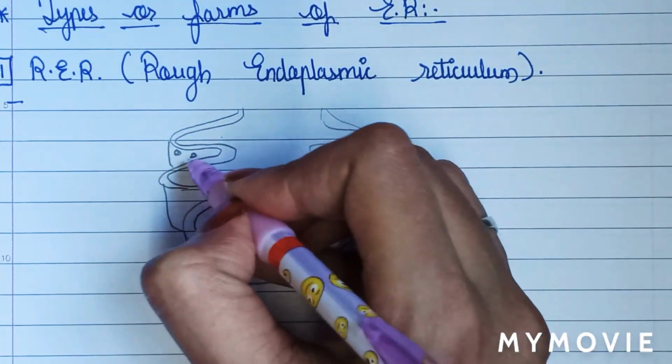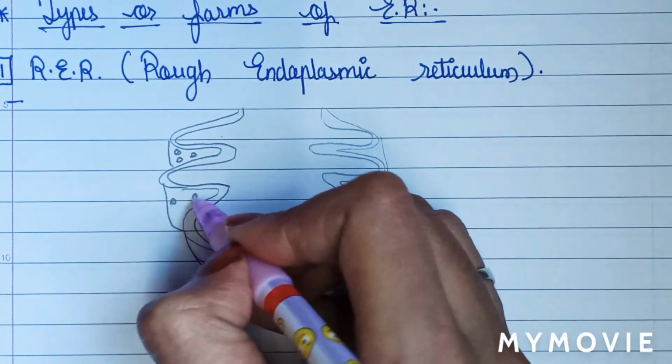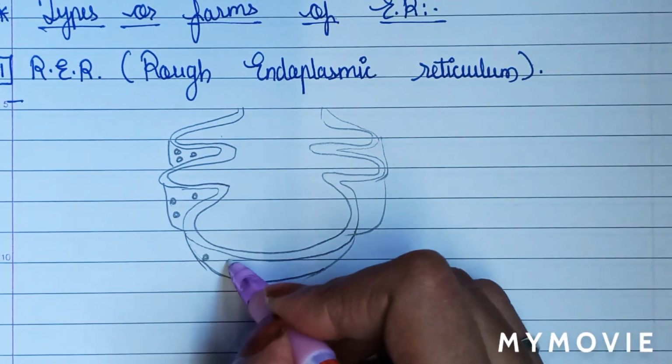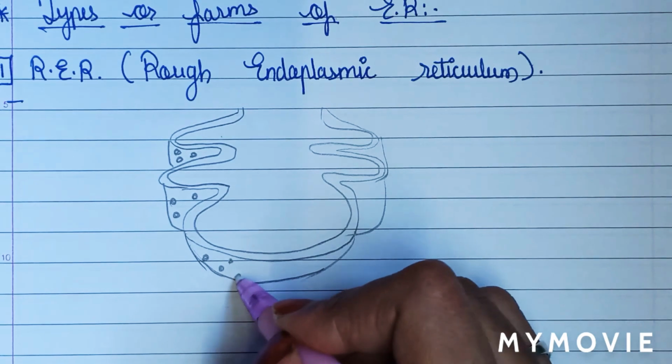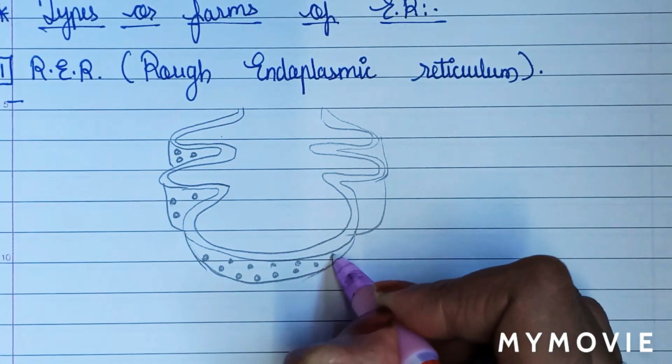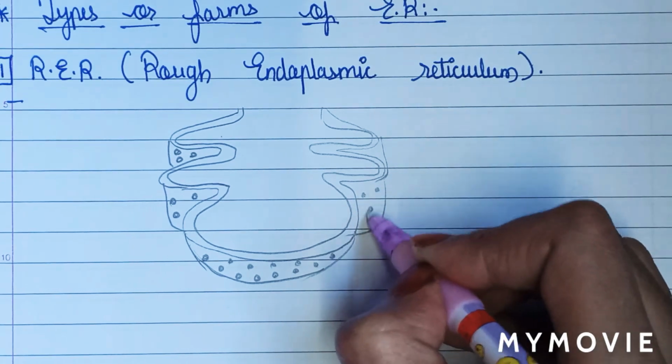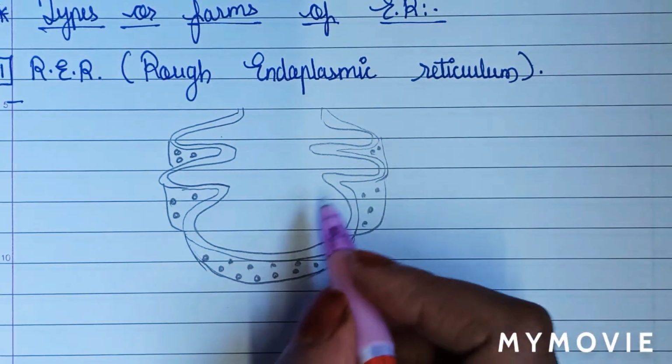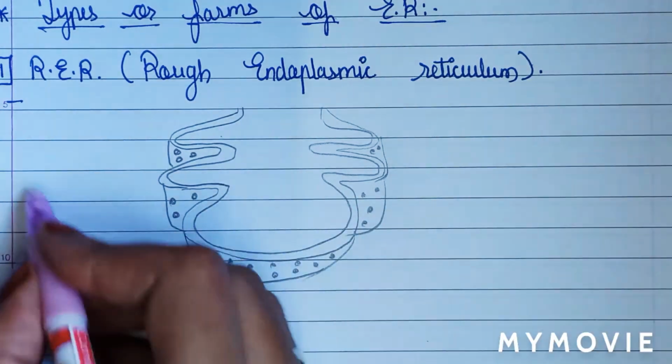Here you can see ribosomes present on the endoplasmic reticulum, so the surface becomes rough and is known as rough endoplasmic reticulum. So this is a rough endoplasmic reticulum.